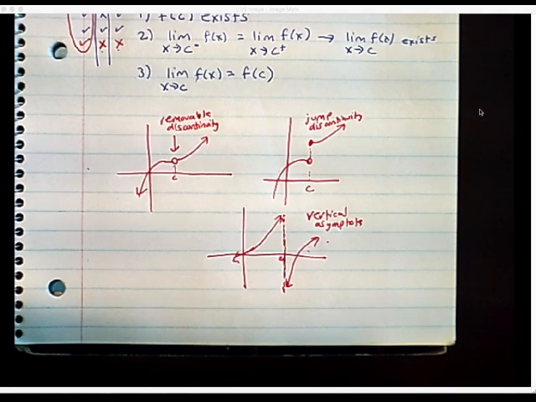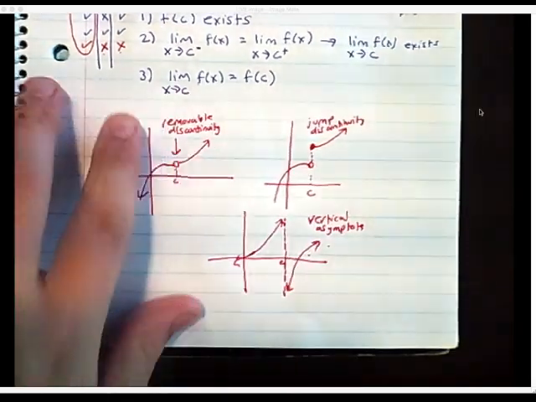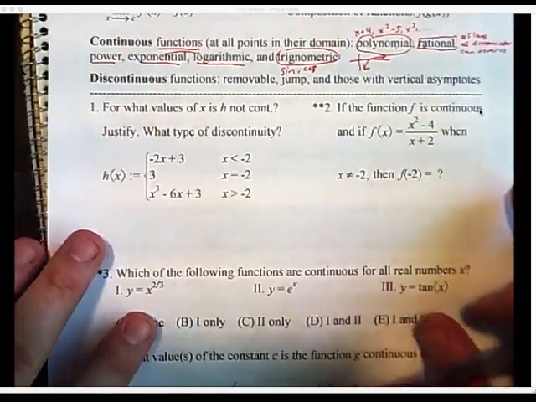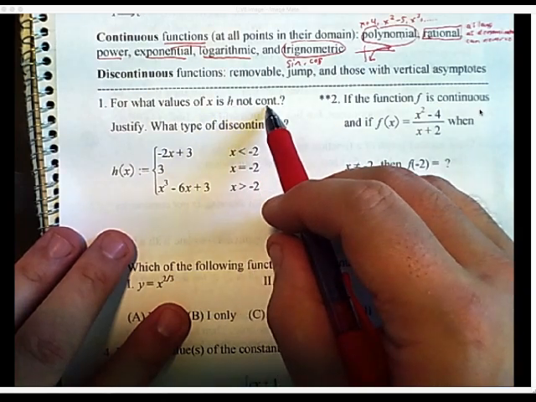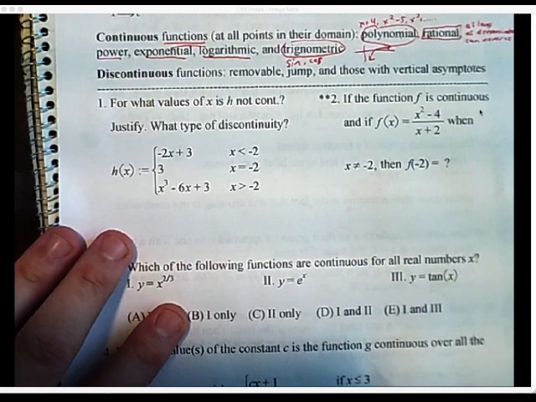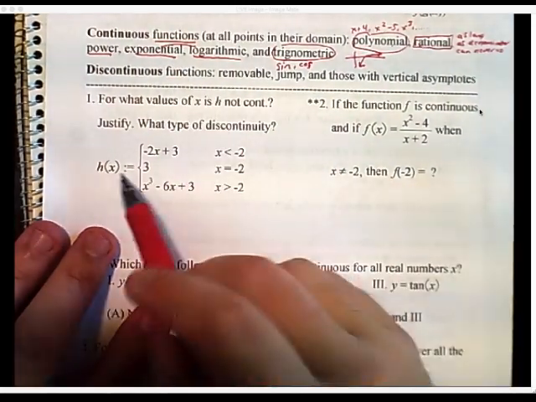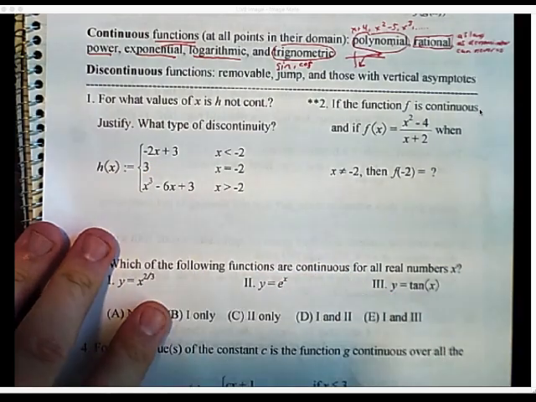Okay. So let's go ahead and look at some of the problems given on this note card. Number one says, for what values of x is h not continuous? And justify. What type of discontinuity exists there? In the first example, h of x is a piecewise function. There's three pieces.